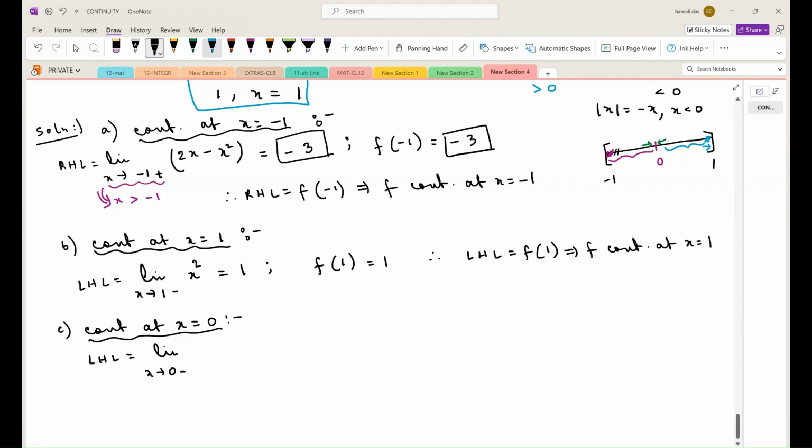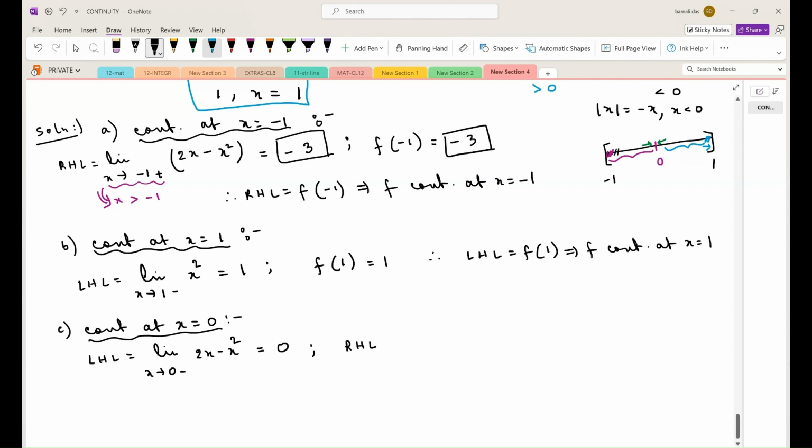If x tends to 0 from the left, that means x is in the interval minus 1 to 0, the first branch, so that means 2x minus x square. So if you put the value, it is 0.